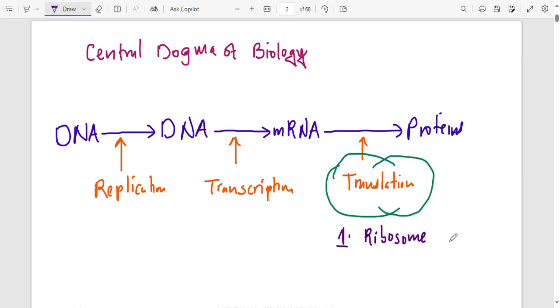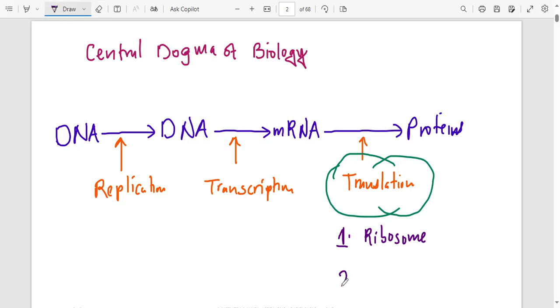Now, a ribosome has got two subunits: the small subunit and the large subunit. Okay, it has got two subunits. Just take note of that. What other thing do we need?